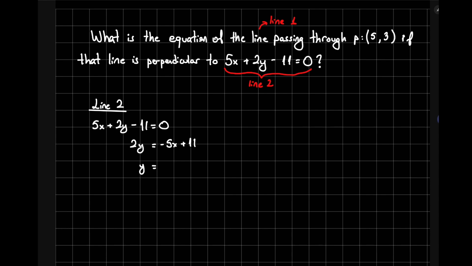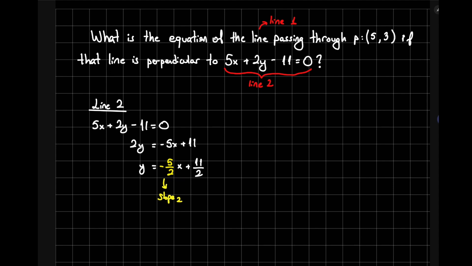Therefore, I will get y equals -5 over 2 x plus 11 over 2. Here, when y is alone on one side of the equation, the coefficient of our x variable gives us the slope of our line. Therefore, -5 over 2 is the slope of our line 2.